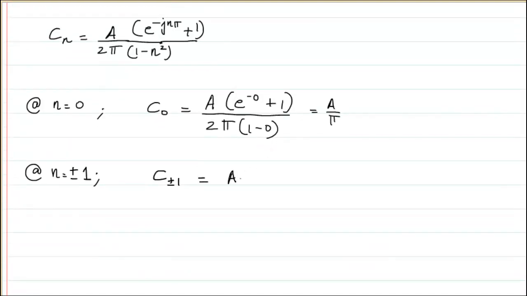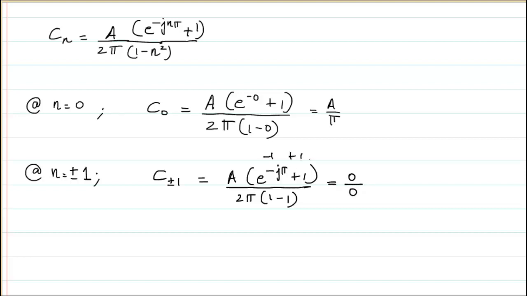I will get a into e raised to power minus j pi plus 1, divided by 2 pi into 1 minus 1 itself, which comes out to be 0 by 0, isn't it? Because minus 1 plus 1 gives 0 in the numerator, and in the denominator this also becomes 0. So what do I do? I apply L'Hospital's rule.